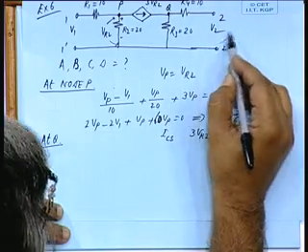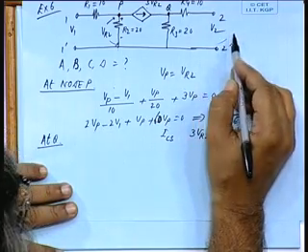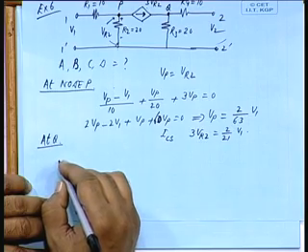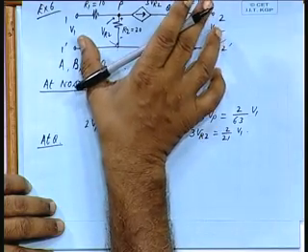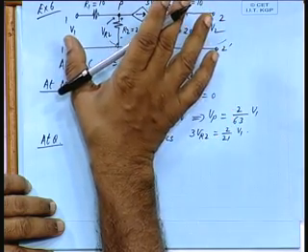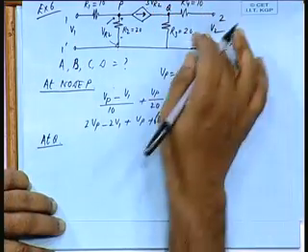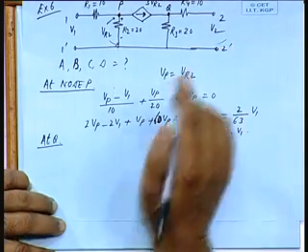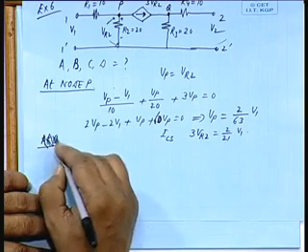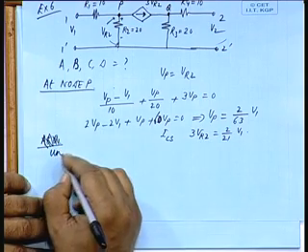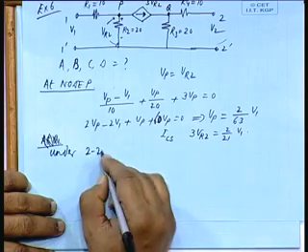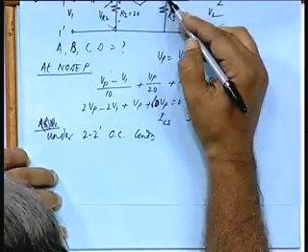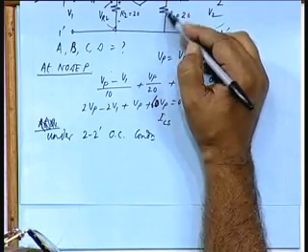Now, if you keep it open, what is V2? We are going to measure V2, the ratio between V2 and V1 to calculate A, under open circuit condition. When I keep it open, I2 is 0. I will compute that first. Under 2 dash open circuit condition, how much is this voltage?